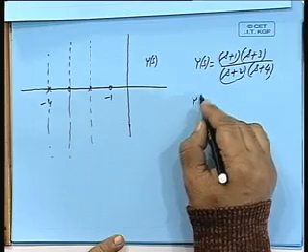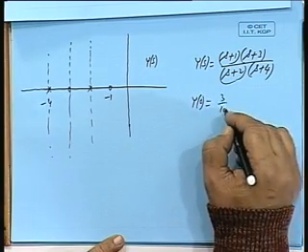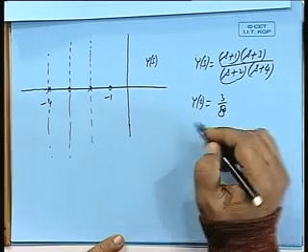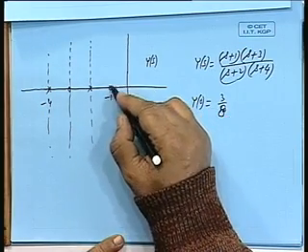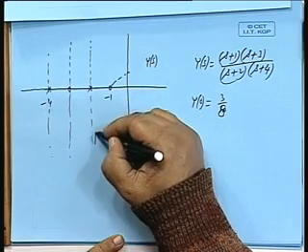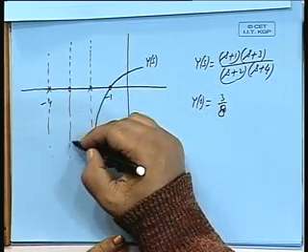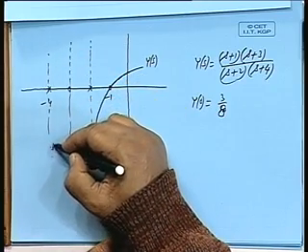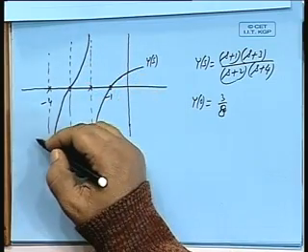What would be y0? 3 by 8. So, it will be somewhere here, then from here and so on.